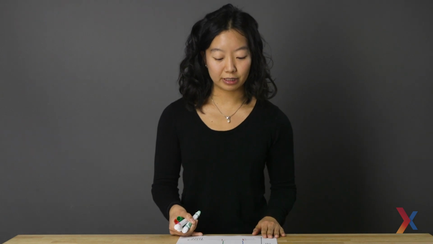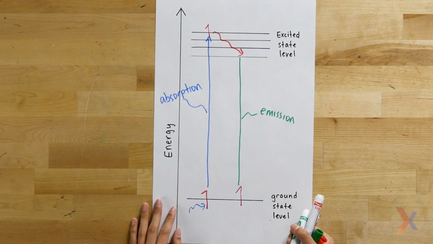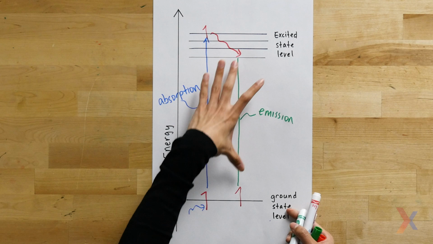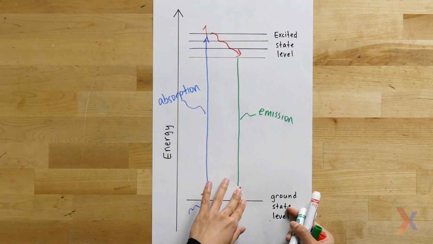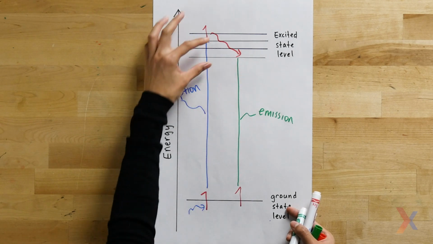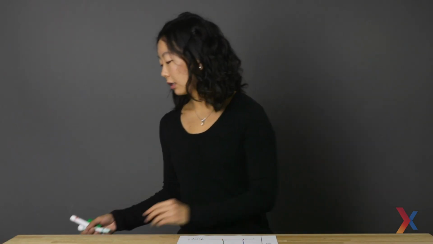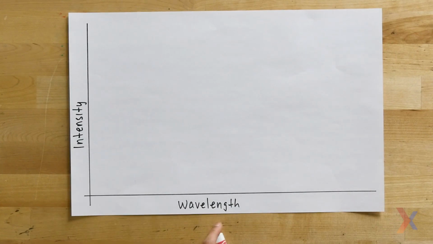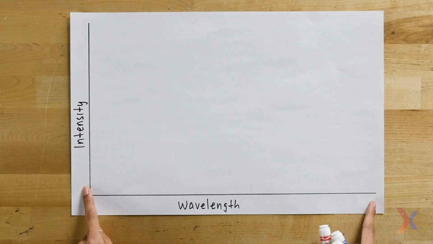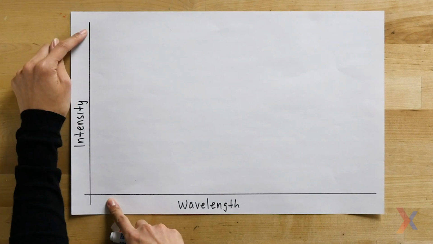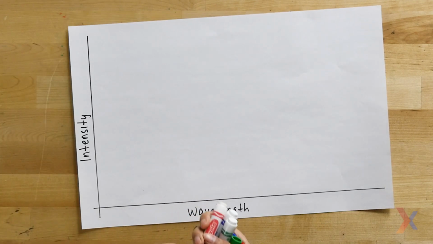We can also depict this using a different kind of diagram. Here we've shown this using energy, but another way to show this is using wavelength. Now, a lower energy, which we see here in the emission spectra due to having lost a little vibrational energy up here, a lower energy corresponds to a longer wavelength. So if I use a different kind of diagram here, I can plot my wavelength on the x-axis with some arbitrary intensity value on the y-axis.